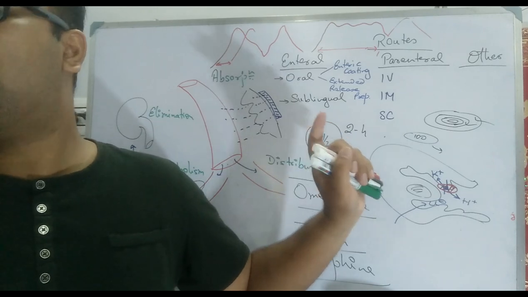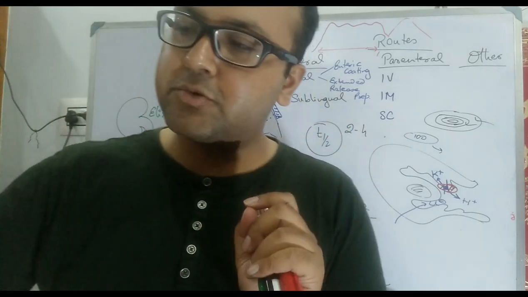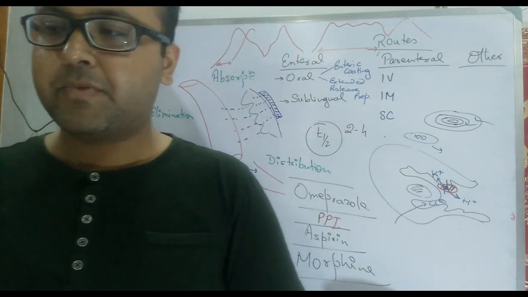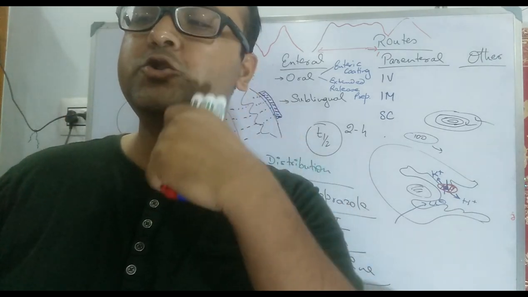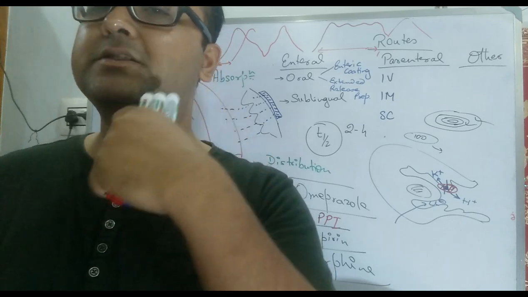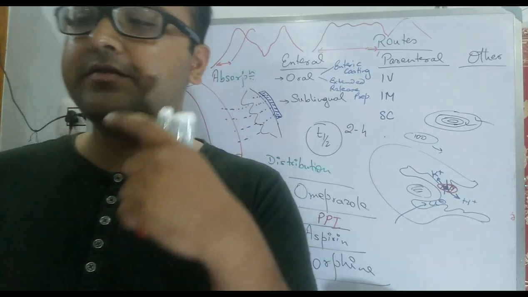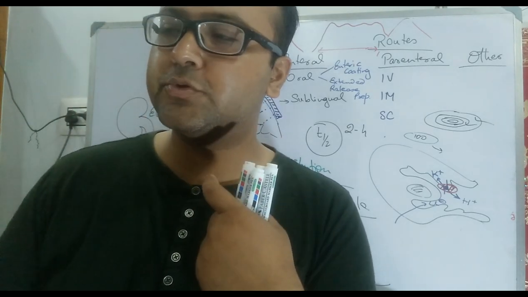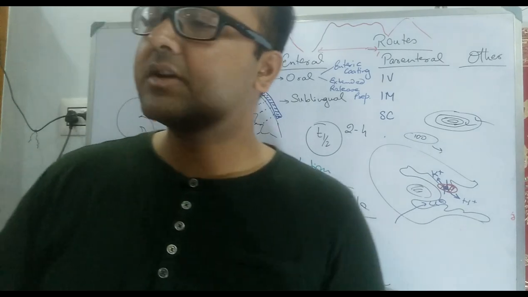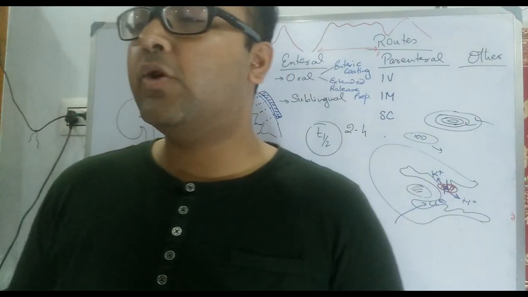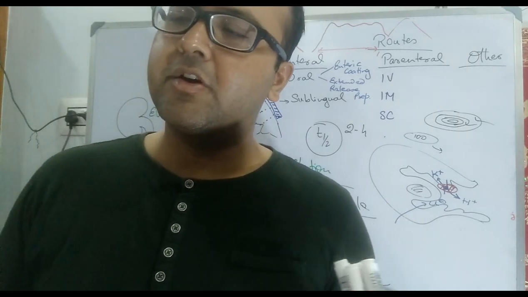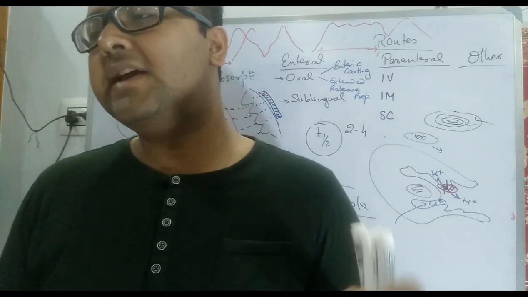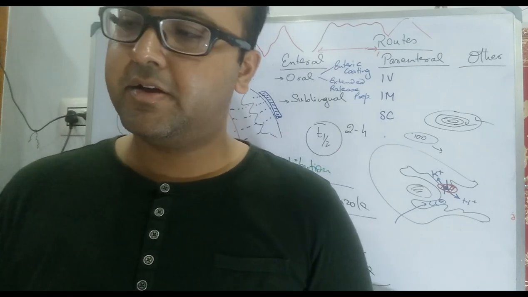But there is just one constraint that you have to remember: this drug must pass through the tissues. This drug must pass through the tissues. So do you think any drug can pass through the tissue? Polar, non-polar, can any substance pass through the membrane? Both polar and non-polar, can they easily pass through the membrane?